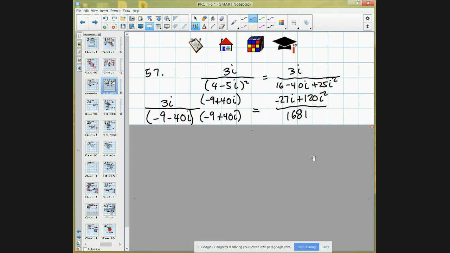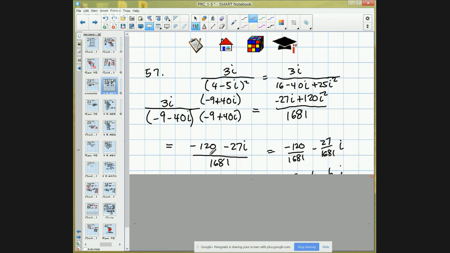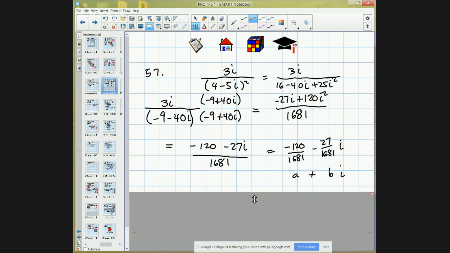Is that your answer? It's good, but it's not in the standard form of a plus bi. So you got to do a little bit more. You got to kind of break it up into two separate, kind of go backwards. Take that common denominator and make two separate fractions out of it, and then see if you can simplify those.